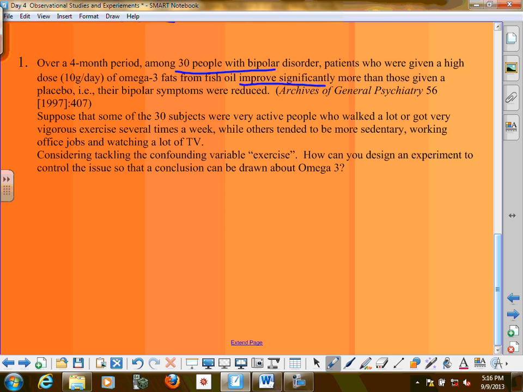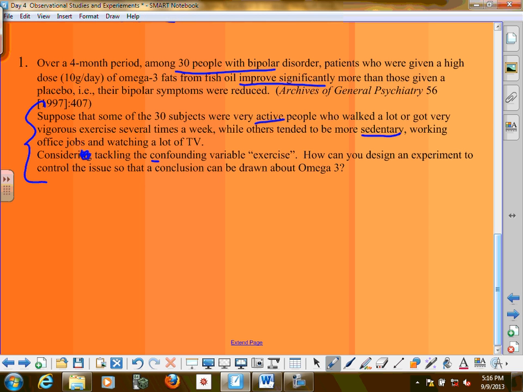Now, here's something added to this problem to demonstrate blocks. Suppose that some of the 30 subjects were very active people who walked a lot or got very vigorous exercise several times a week, while others tended to be more sedentary. So we have an active group and we have a sedentary group. Consider tackling the confounding variable.